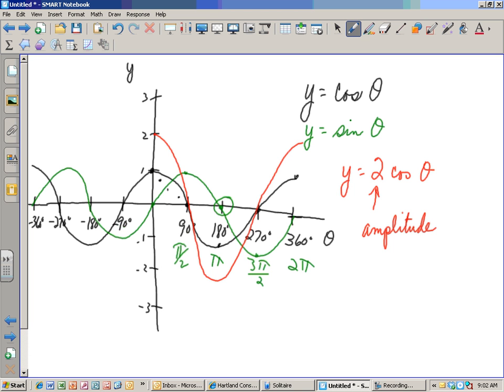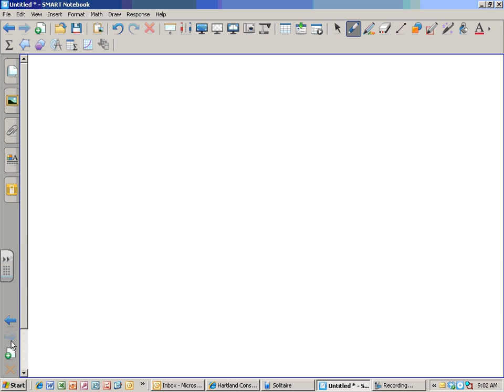Let me go to the next screen here. The general form, y equals a, where a is a real number, a sine or cosine of b theta.